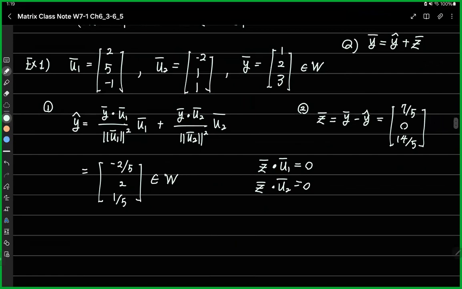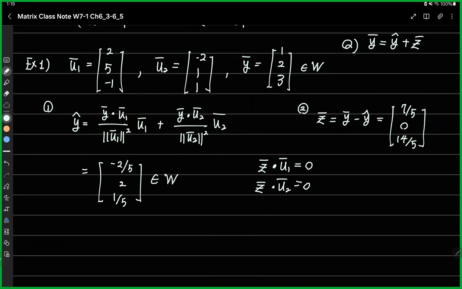Y hat, by the orthogonal decomposition theorem, is going to be a linear combination of U1 and U2. So we have to find the dot product of Y and U1 and of Y and U2, and then also find the squared norms of U1 and U2.